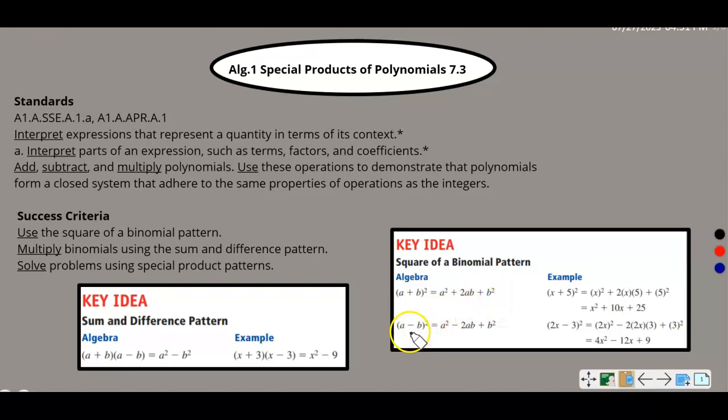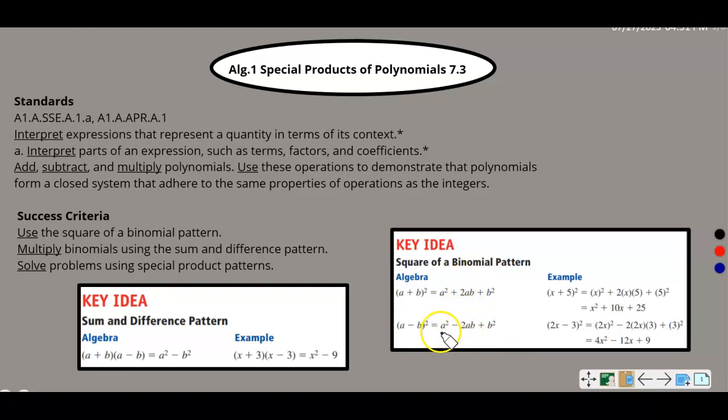Same thing if it's a difference, so a minus b quantity squared is going to be a squared minus 2ab plus b squared. Now notice that your first term and your last term are always positive. The only difference in these is the sign of the middle term.